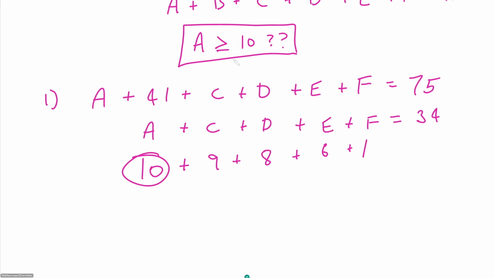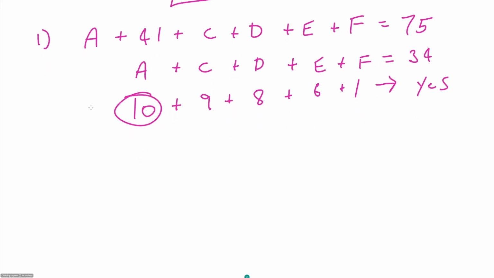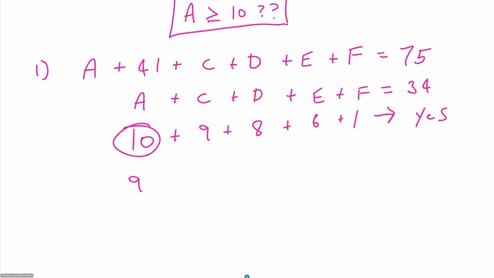Here A is equal to 10, and so this is a yes to our question. For our next example, if we are trying to prove insufficiency, we want an example where A is not greater than or equal to 10. One thing I just realized is that I could just make A 9, for example. You would not want to test any more numbers. You wouldn't want to test 11, for example, because that's just going to give you another yes. If I make A 9, I can keep the rest of my numbers pretty much the same because everything else still has to add up to 24 now.